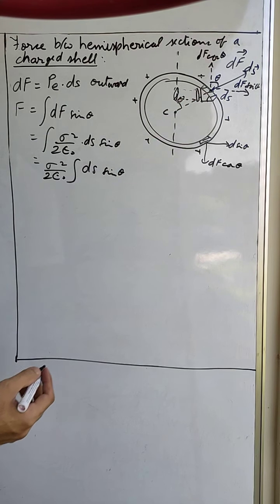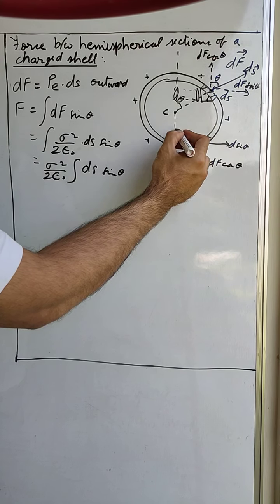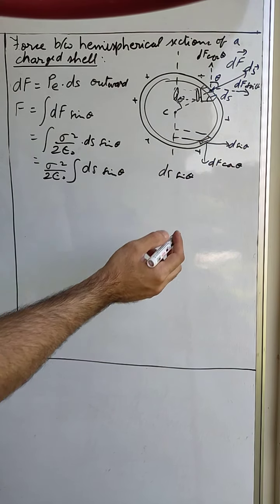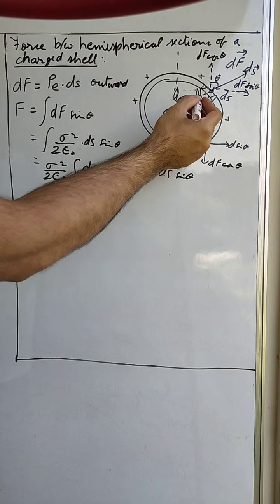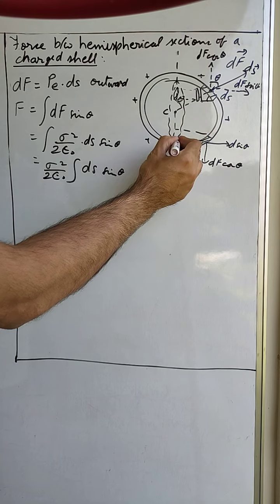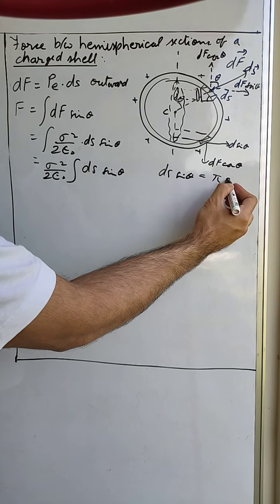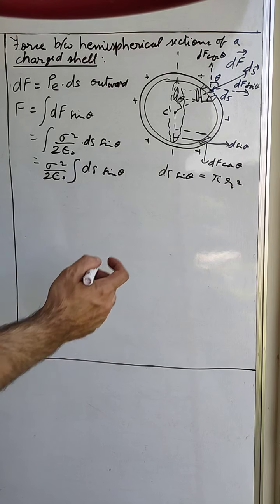Now if all the areas are projected like this, then the combined area of all the ds sin theta will be equal to the area of the base, which is circular. So the integral of ds sin theta will be equal to pi r square.